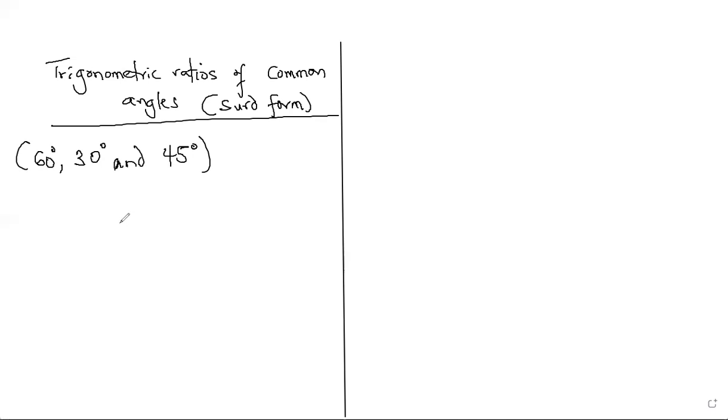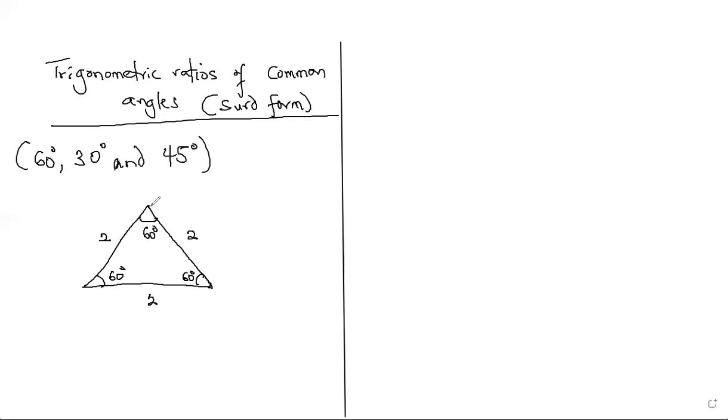To do this, we look at an equilateral triangle of side 2 units. Equilateral triangle means all angles are 60 degrees, 60, 60, and all sides are 2 units.